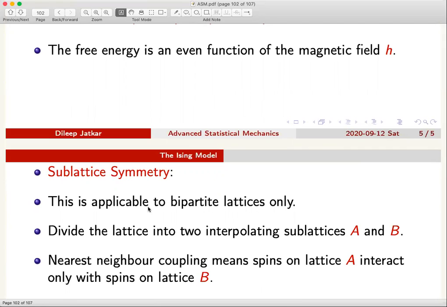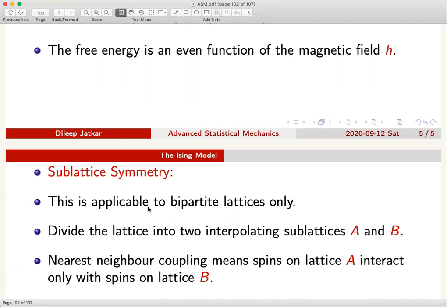But just to be able to distinguish different lattices, I am just calling one lattice the copper lattice and the other lattice the zinc lattice. A lattice of this kind is called a bipartite lattice, where you can call one sublattice sublattice A and another sublattice sublattice B.